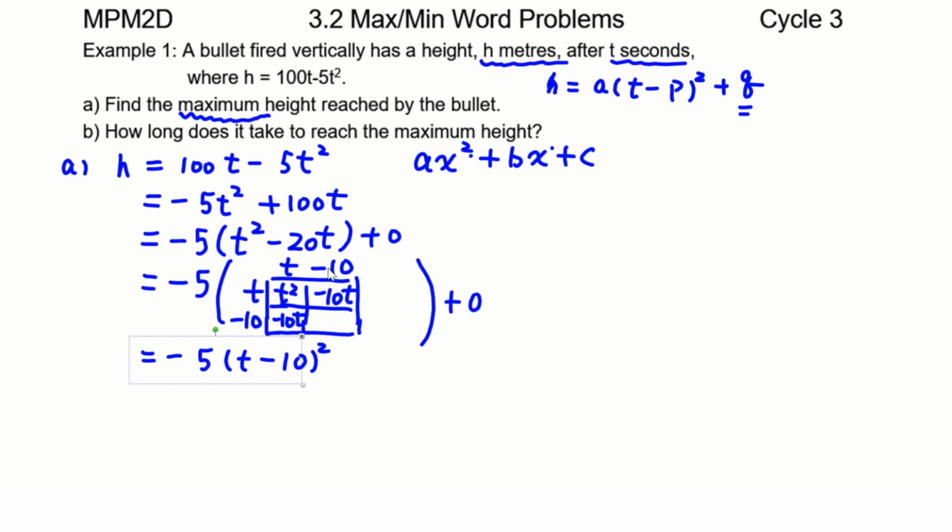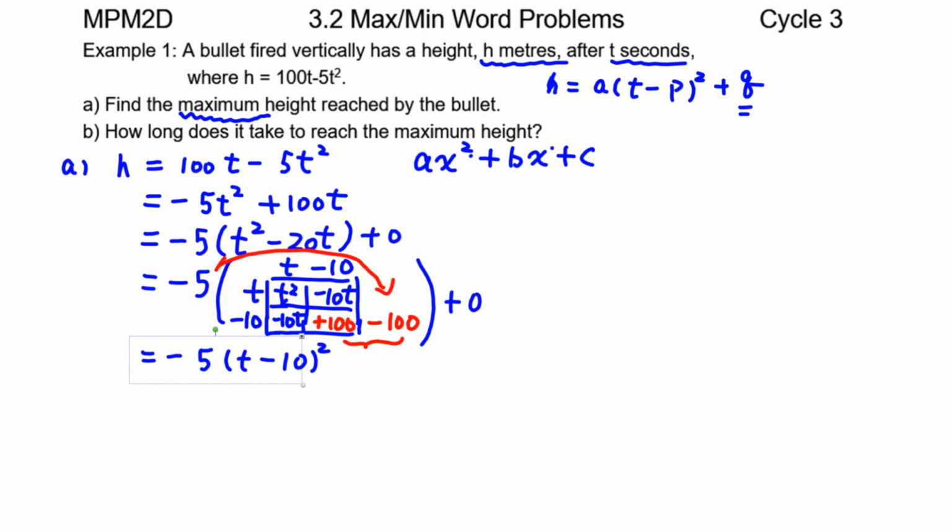In this box, negative 10 times negative 10 gives you positive 100. We have t squared minus 20t plus 100, the trinomial, and we can factor it as t minus 10 times t minus 10. Then we don't have a constant term, so we need to minus 100 to make the constant term 0.